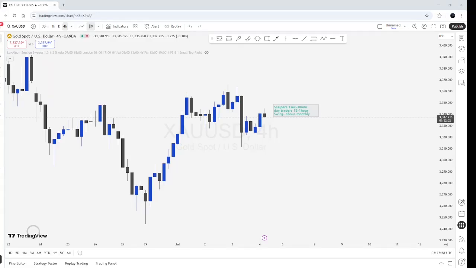Depending on the type of trader that you want to become, if you have more hours to spend, you can become a day trader. But you need to put in the reps. You need to be disciplined, and you need to stick to whatever you want to become. But you can try all of it.